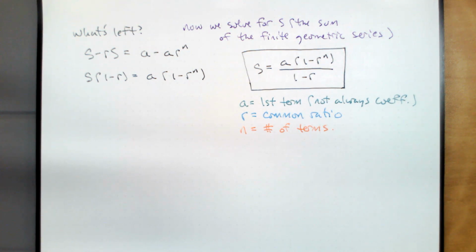We want to identify A as the first term and not as the coefficient. Because if we set up a series where the indexing doesn't start off at 0, then the first term is not just going to be the coefficient.